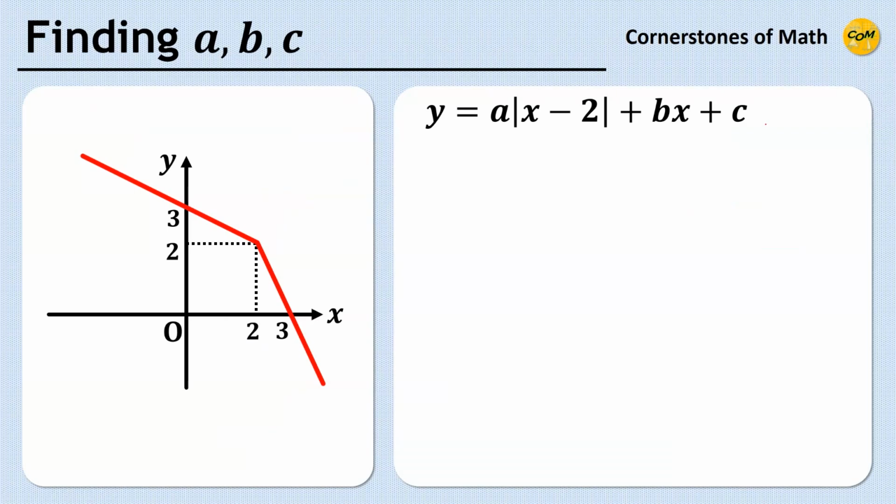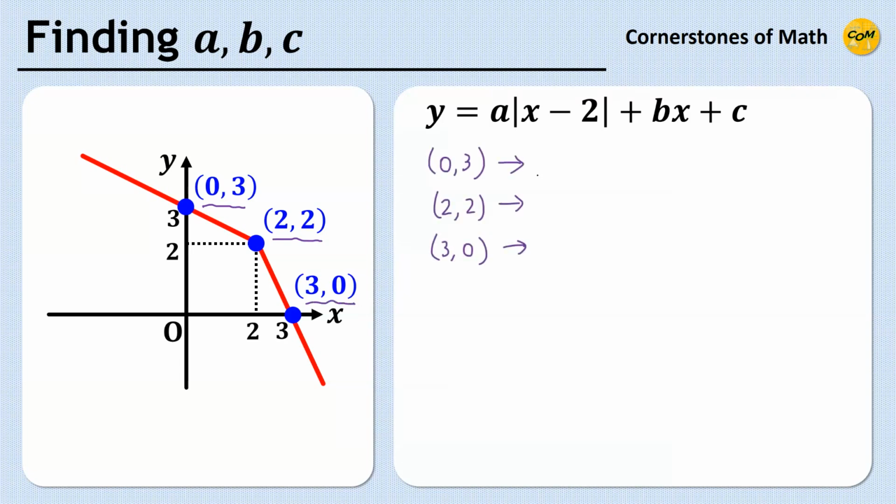Now, let us obtain the values of a, b, and c. This can be done by using the fact that the graph passes through the points 0, 3; 2, 2; and 3, 0. Using these 3 points, from 0, 3 we obtain 2a plus c is equal to 3, from 2, 2 we obtain 2b plus c is equal to 2, and from 3, 0 we have a plus 3b plus c is equal to 0.